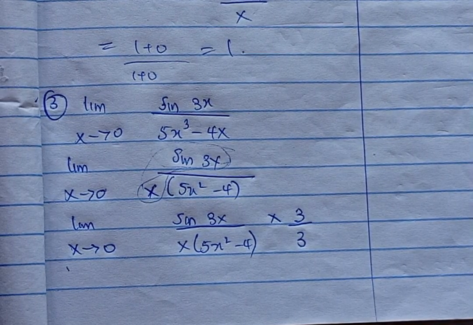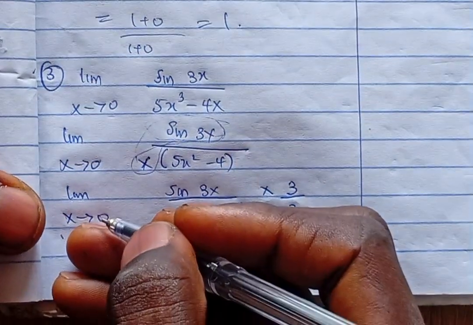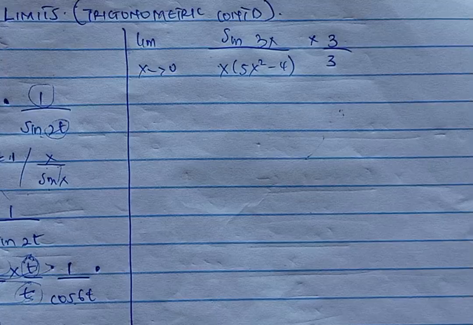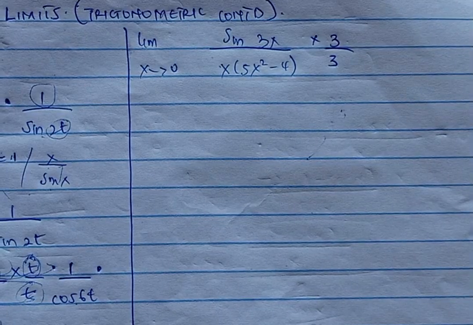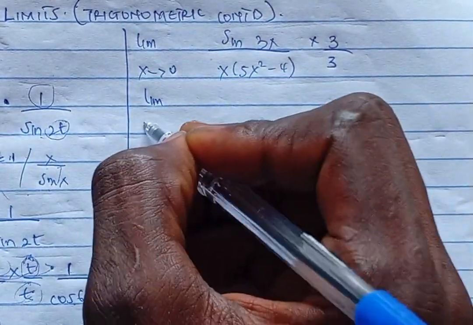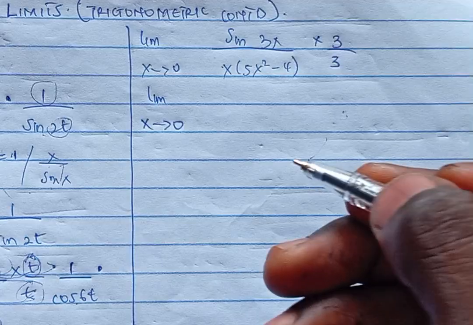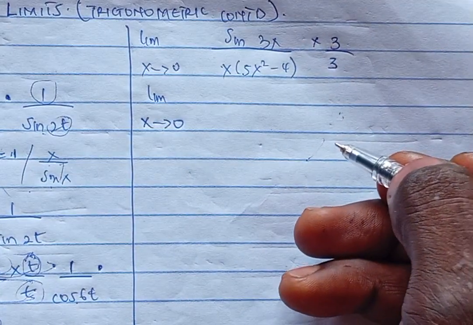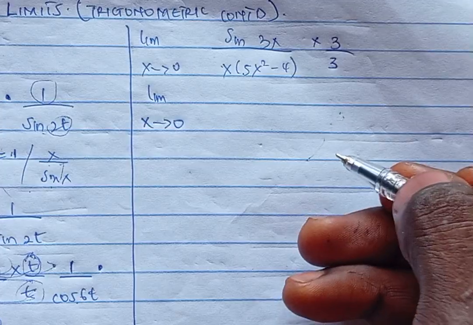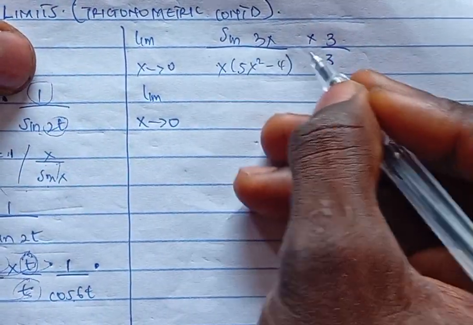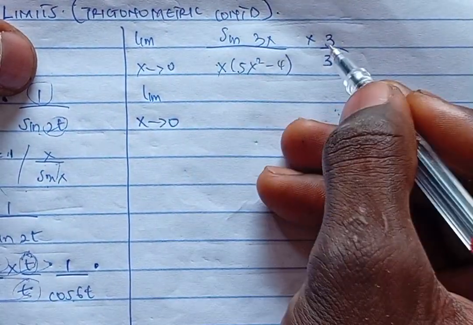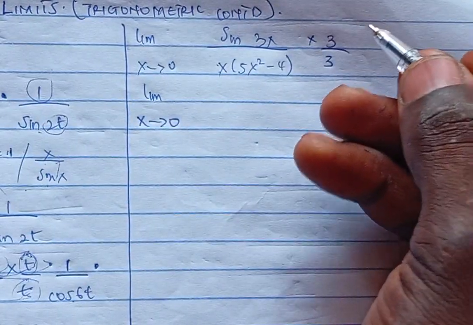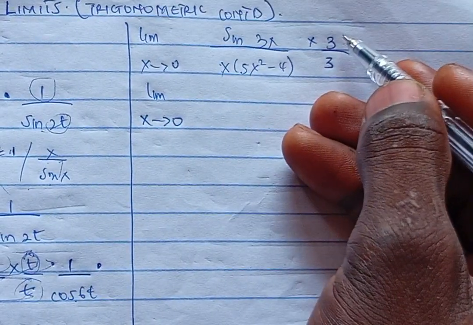Now this is what we have. What should I do? I can easily say the limit as x tends to 0. The properties of limit will help you very much if you know what they say. I can bring this 3 here and also bring this 3 out of the limit, but I will just leave it, as it doesn't have any effect either way.